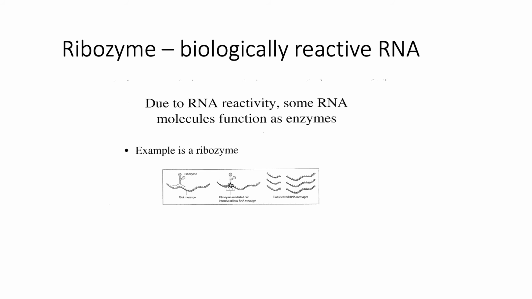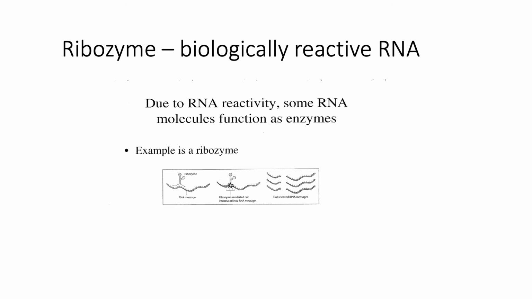So it shows on the left, the ribozyme has this kind of structure with these two globs coming off, but it can base pair because of its base pairing ability. It can base pair with other RNA molecules like a messenger RNA, and because of the reactivity of the 2' hydroxyl, it can cut that RNA molecule.